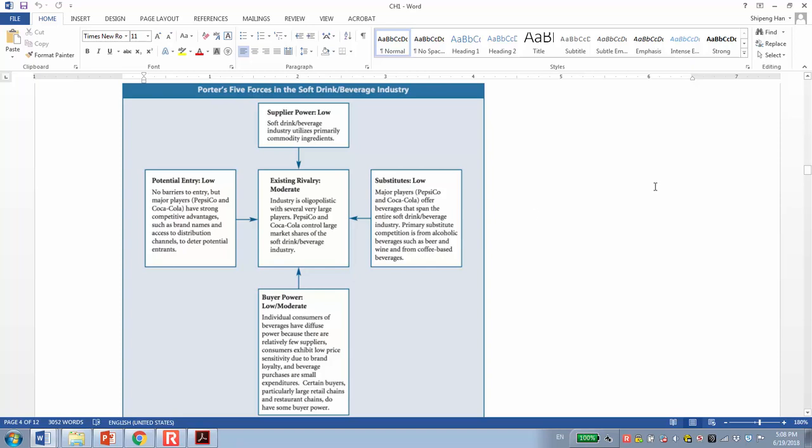So you decide whether and what forces they're low or moderate or high. Okay, whether they have negative or positive effect on the company's operation, and these factors will finally explain the types of strategies the company applies.